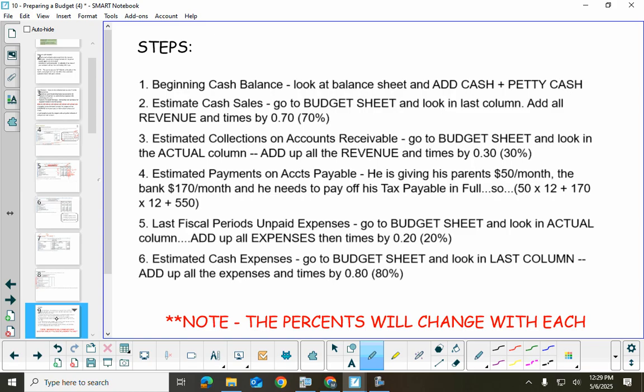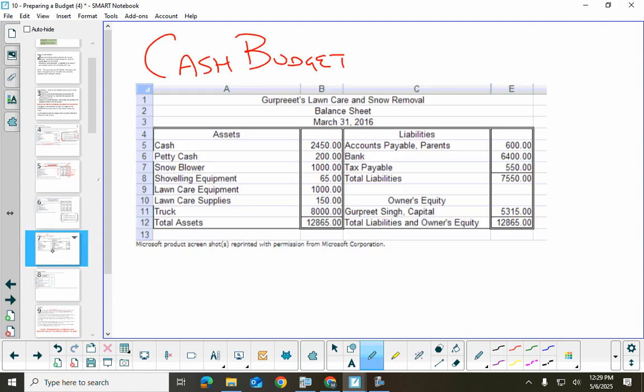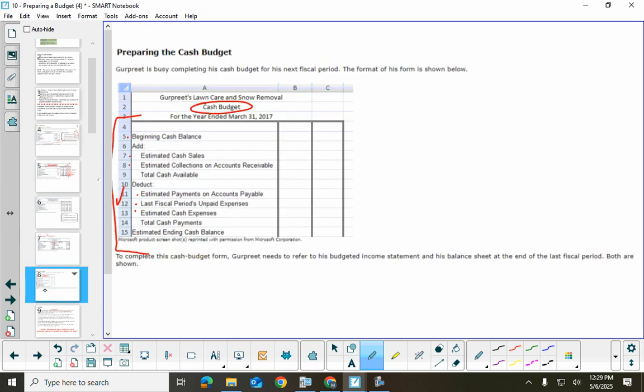So to do the beginning cash balance, we go to the balance sheet and we're going to add cash and petty cash. So 2450 plus 200 is 2650.